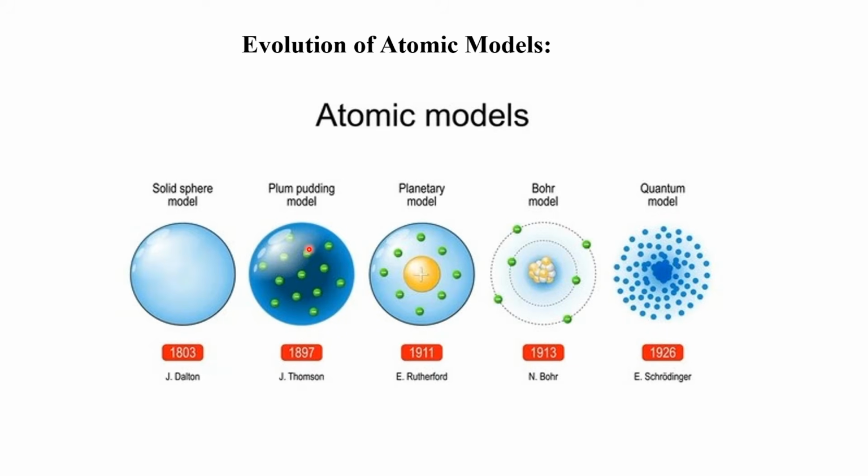And then in 1911, Rutherford considered that this is the nucleus and electrons surround the nucleus and form a cloud. The Bohr model says that you have the nucleus here and electrons are moving in different orbits, circular paths. And then quantum models come in 1926 by Schrödinger. We will discuss it later.